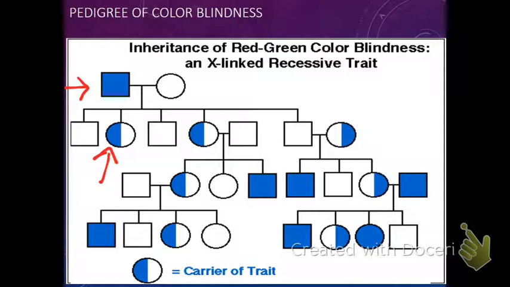So clearly you can see with color blindness, it's primarily males. Every once in a while, on this particular pedigree chart, we have one female that has color blindness. But we have 1, 2, 3, 4, 5, 6 males that have color blindness, and we have some female carriers. So let me show you why that is the case.